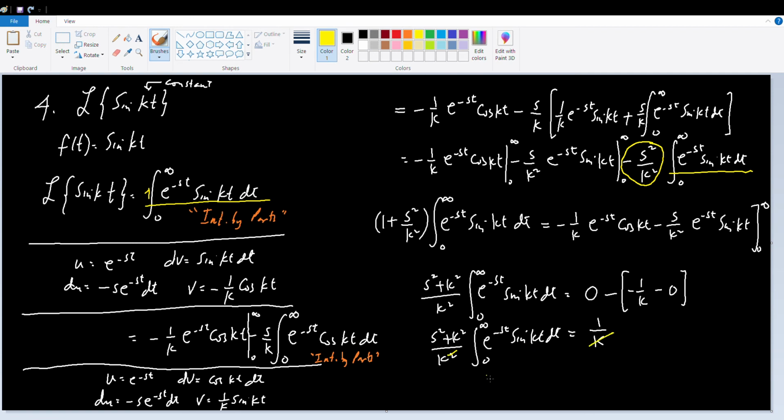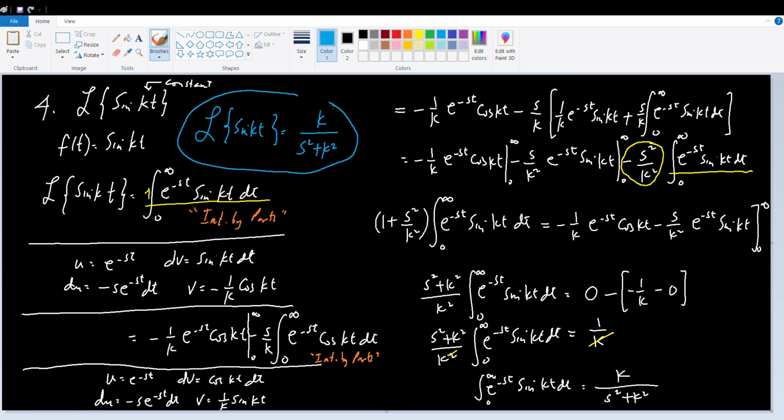Alright, so finally, the integral of e to the negative st sine kt dt from 0 to infinity will be equal to k all over s squared plus k squared. So we write the Laplace transform of sine kt as k all over s squared plus k squared.